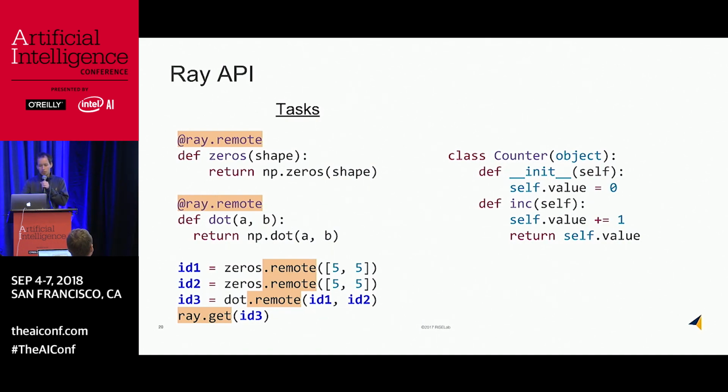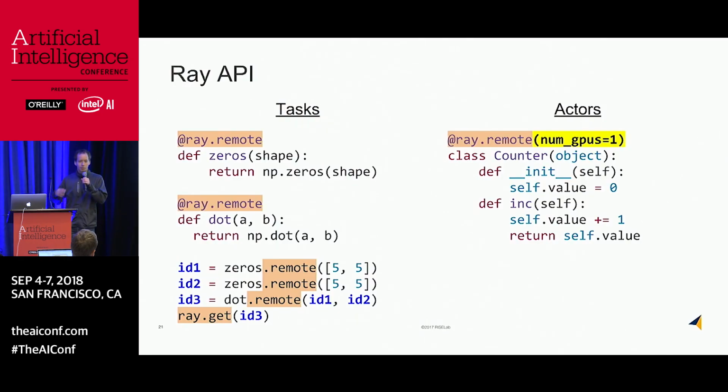You take a Python class and put the @ray.remote keyword on top of it. These keywords can also specify resource requirements. If you have, for example, an actor that does some training and you need GPUs, you can specify that in the remote keyword, and the scheduler will take it into account.